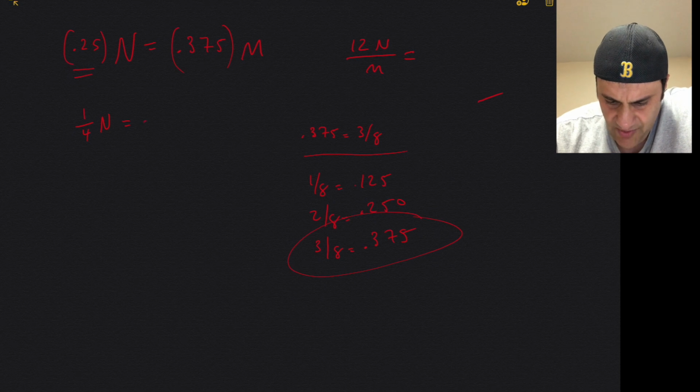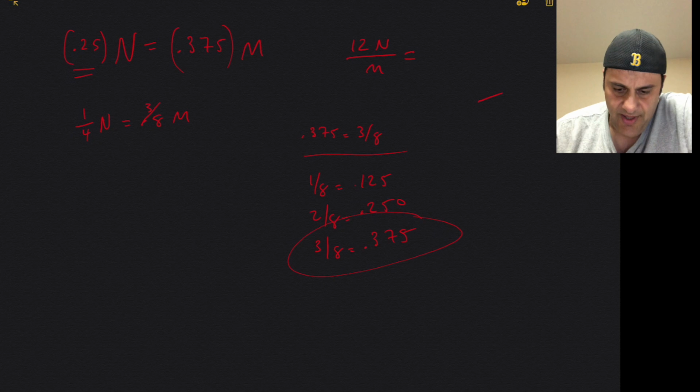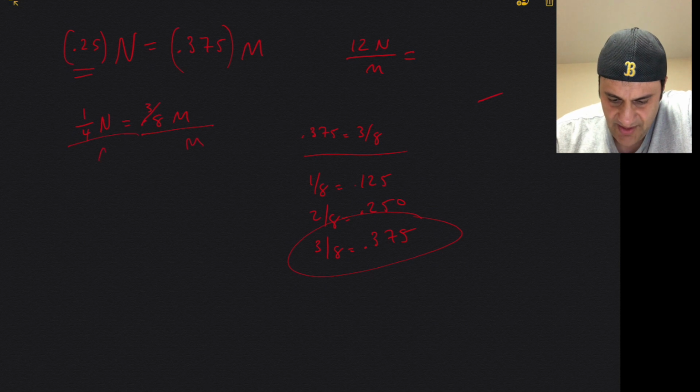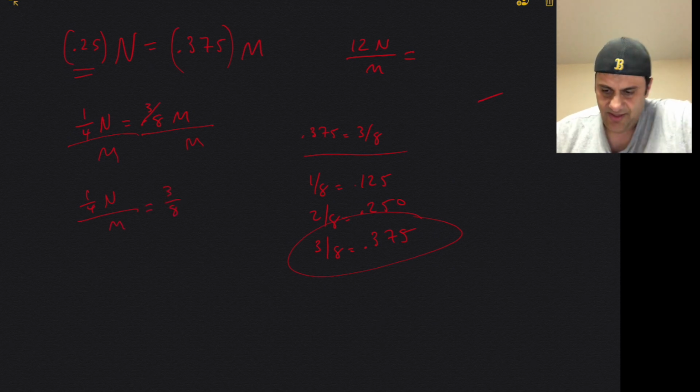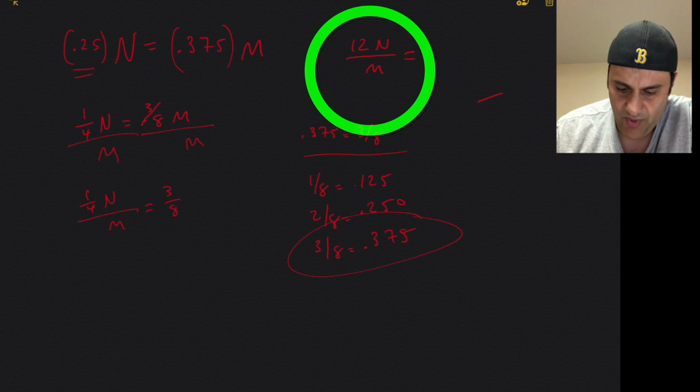So 1/4 n equals 3/8 m. Now we want to get the n and m on the left side, so let's divide each side by m. All right, so then we have 1/4 n over m equals 3/8, okay? But the problem says we want, what does 12n over m equal?